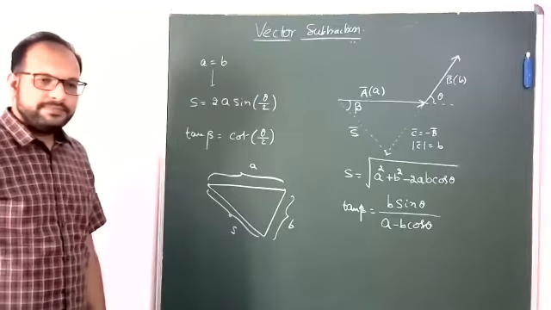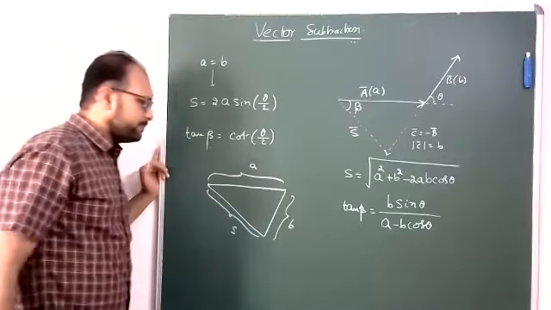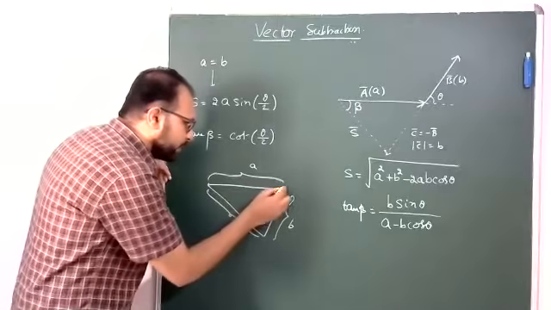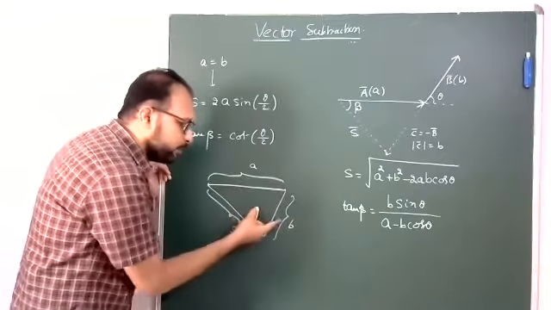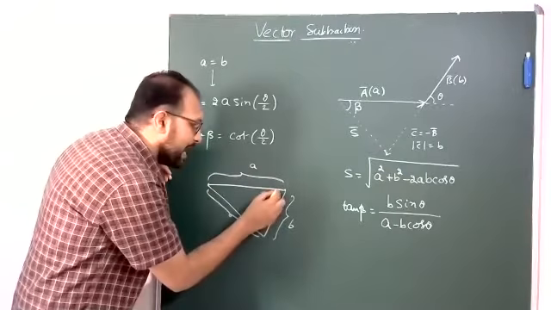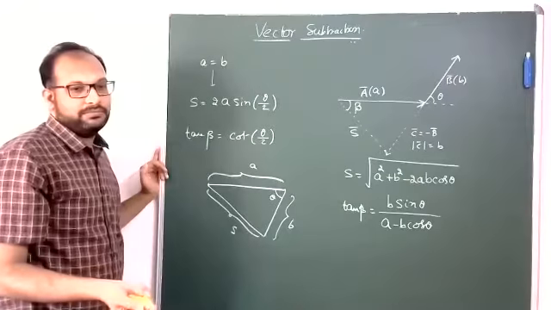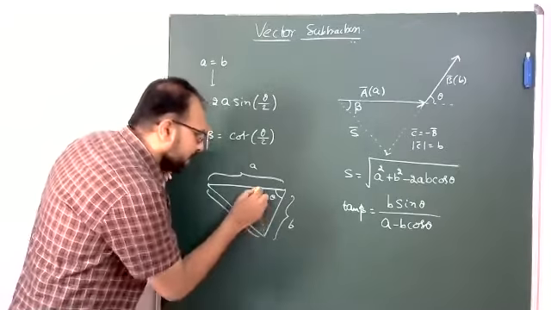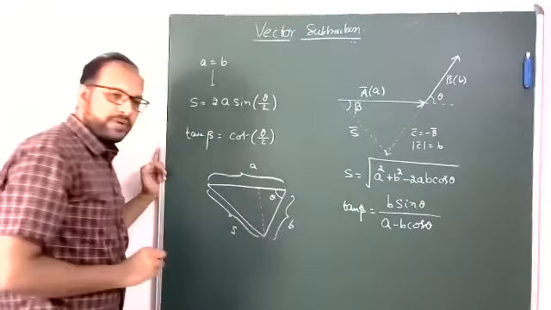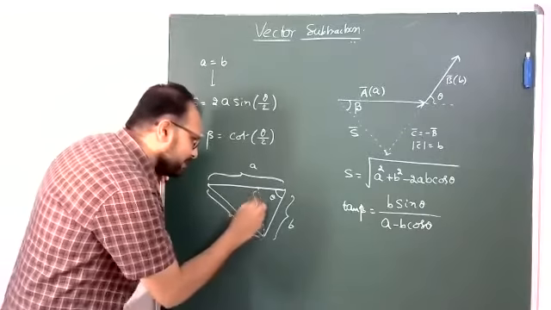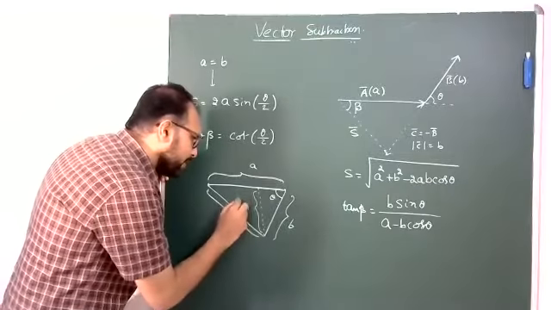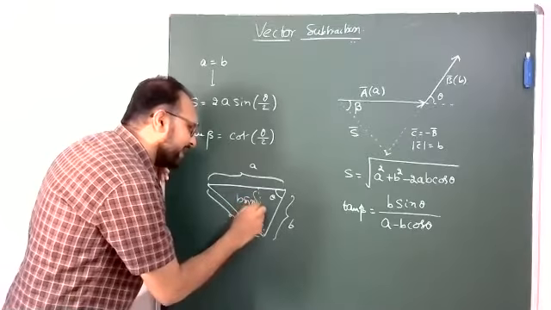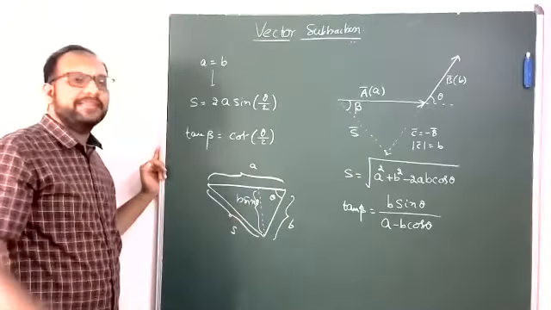This is the S. Now, A we know, B we know, and this theta we also know. Then in this right angle triangle, students, this length is B sin theta, the opposite side.